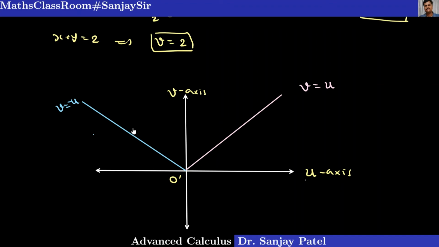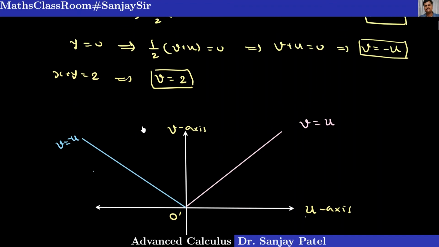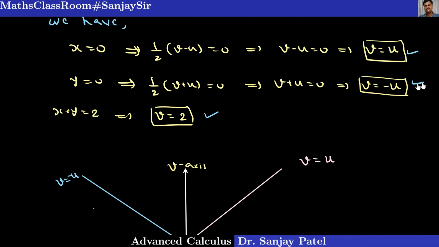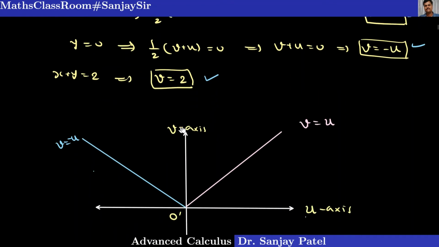And the third line, that is v is equal to 2. We have plotted the graph for this and this, and now v you can compare with the y-axis. This is something like y-axis, and y equal to constant means a line parallel to x-axis.